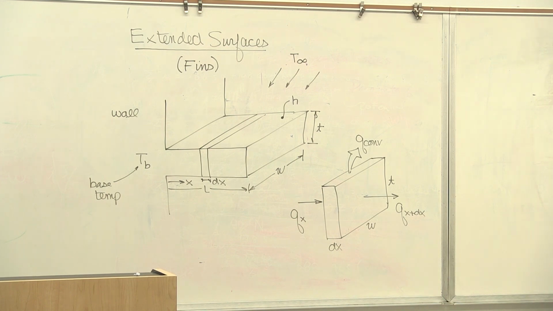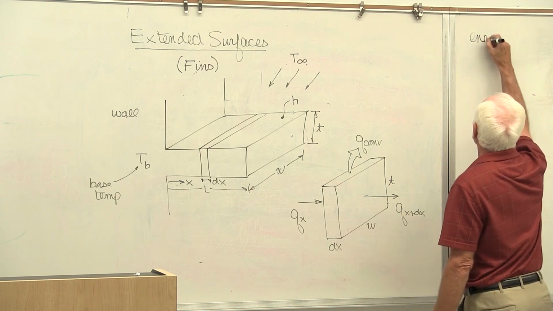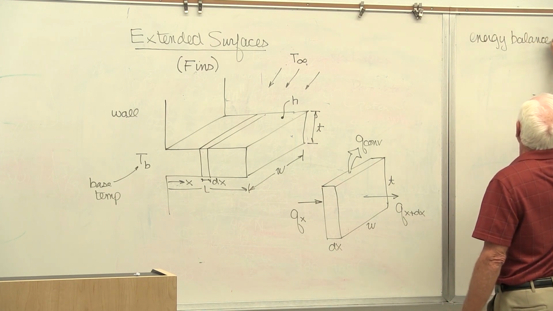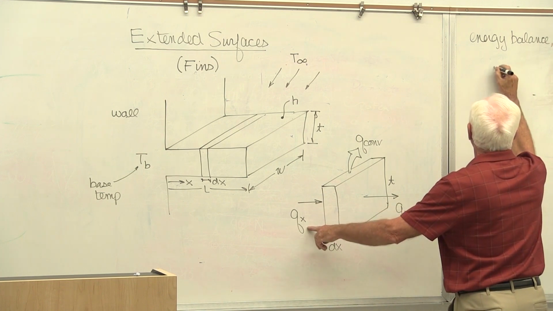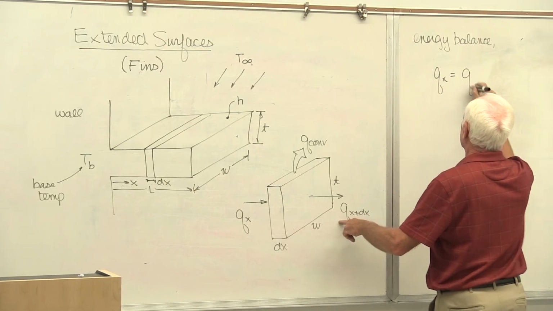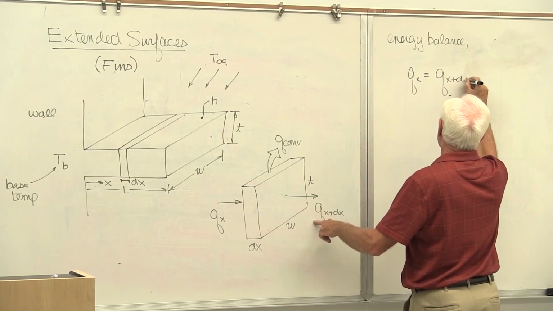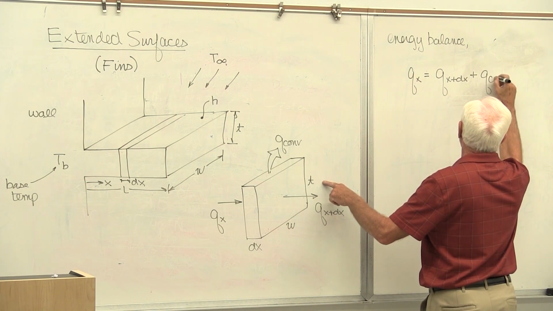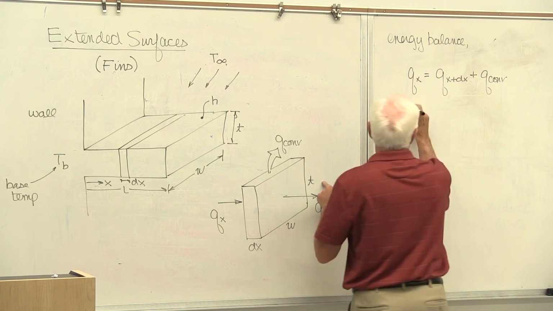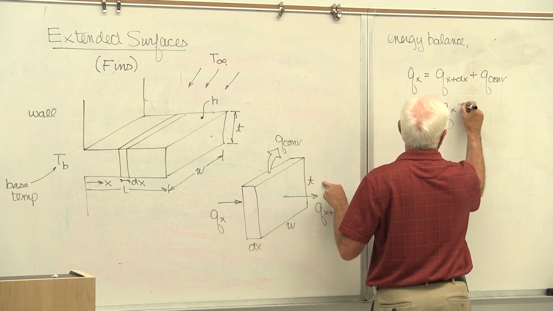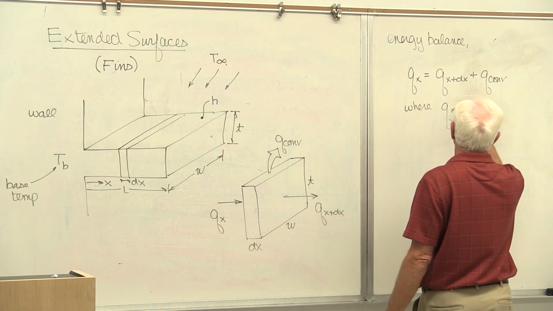Okay, energy balance says what comes in by conduction, Qx, must equal what goes out by conduction plus what goes out by convection. Of course, Qx is just based on Fourier's law.